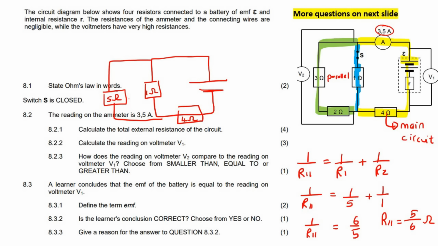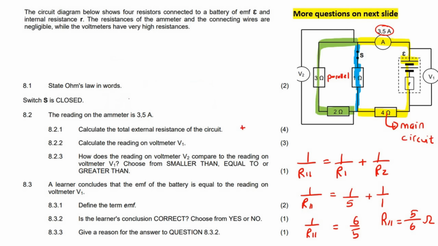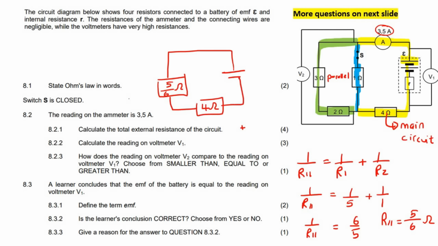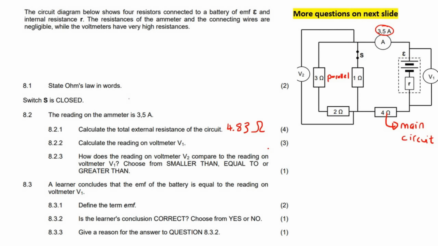Now you can imagine that we have 5 over 6, and then a 4 ohm over there. And now we can combine those in series, so that will be 5 over 6 plus 4, which gives us 4.83 ohms.